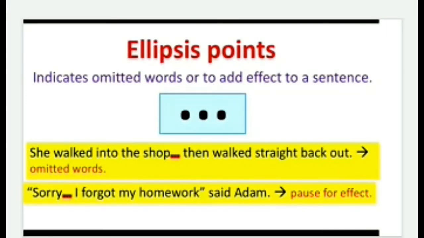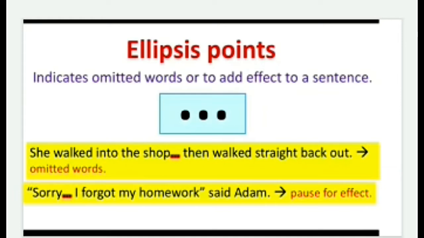For example, "She walked into the shop... they walked straight back out." That is omitted words. Some words are omitted from there, so for that we use the ellipsis points.